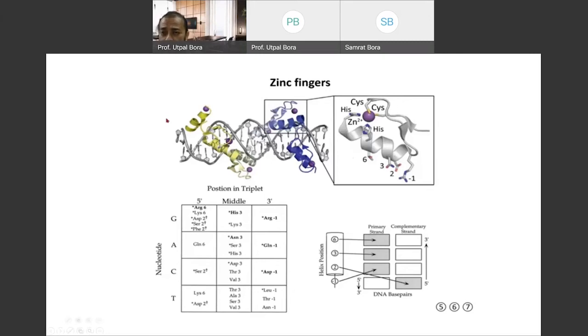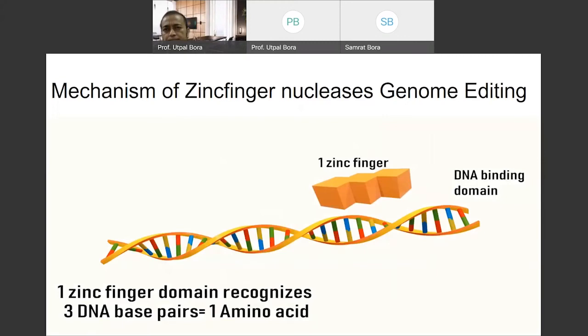You can see this zinc finger is wrapped around the DNA. This is your Cys2-His2 zinc finger, which will help in recognizing and cutting the DNA at the particular sites of our interest.